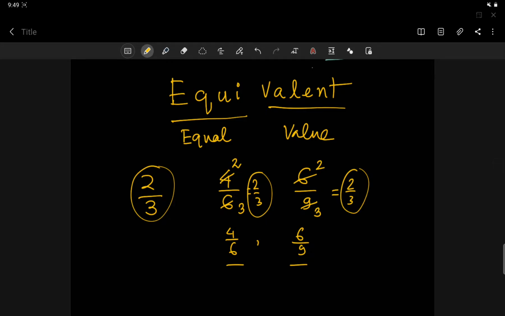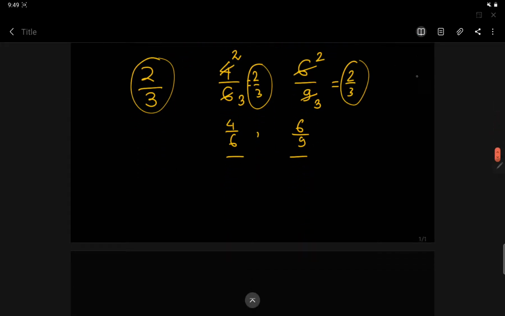Okay, now the question is, sir, how to find 4/6 and 6/9? At first you choose a fraction, suppose 3/5. Now I want some equivalent fractions.